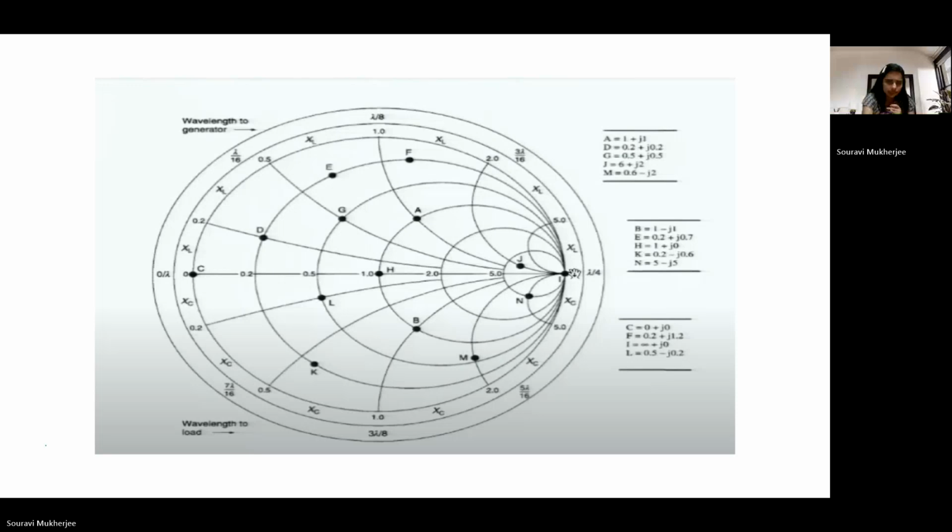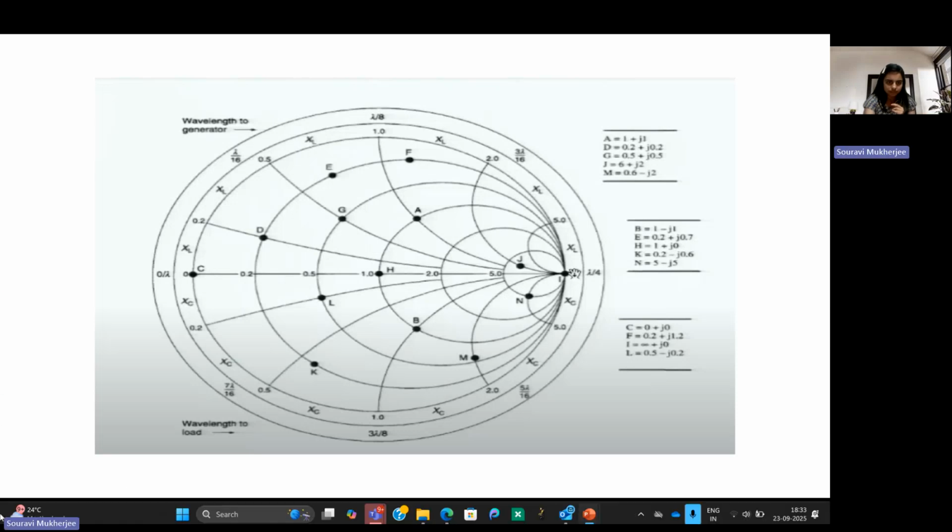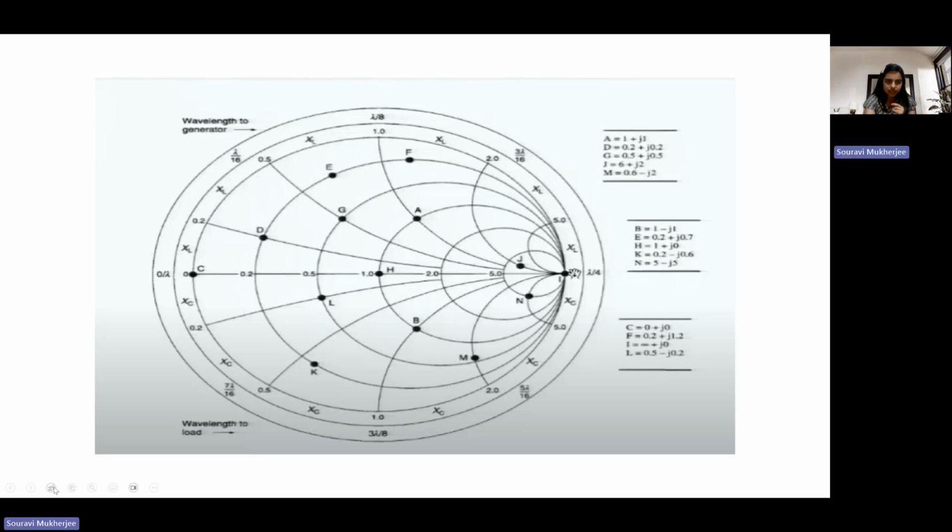Okay. Now there are two interesting length scales that are involved in the Smith chart. One is wavelength to generator, one is wavelength to load. What this tells us is, suppose you are at some initial load, here, and you want to find, given this load impedance, what will be the impedance at the generator end at a certain distance?